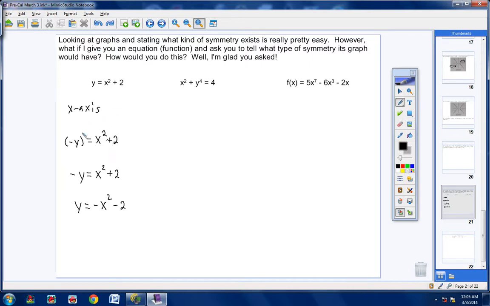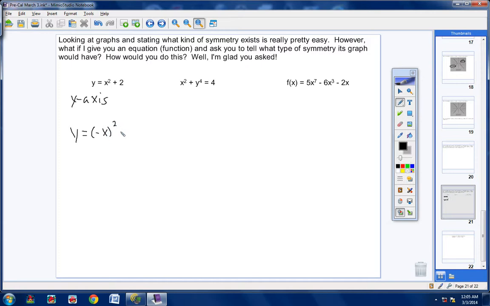Now, here's what you ask yourself. I put a negative y in for y. I simplified. Did I get out what I started with up here identically? No, you did not. This is y equals x squared plus 2. This is y equals negative x squared minus 2. So this function does not have x-axis symmetry. Now we're going to quickly check for y-axis symmetry. To check for y-axis symmetry, everywhere there's an x, you put parentheses and substitute a negative x.